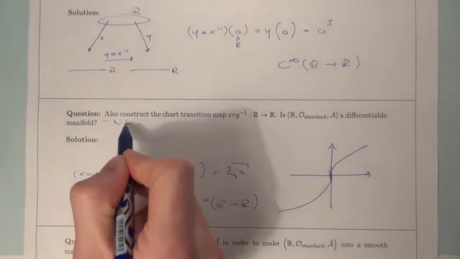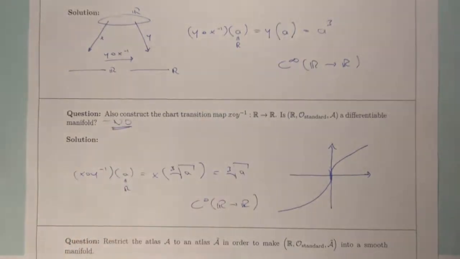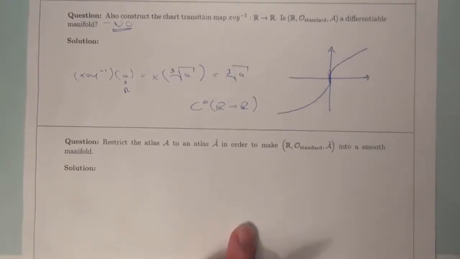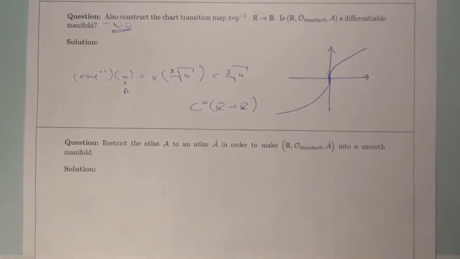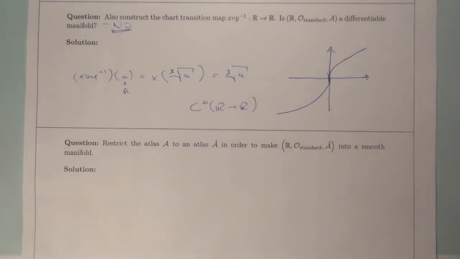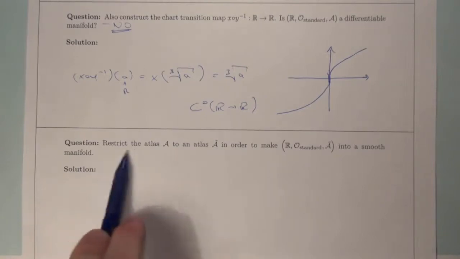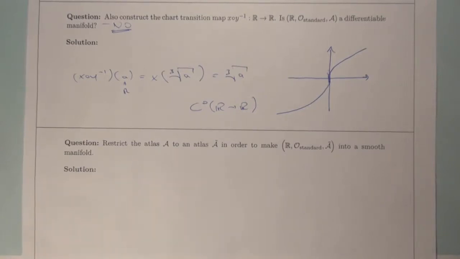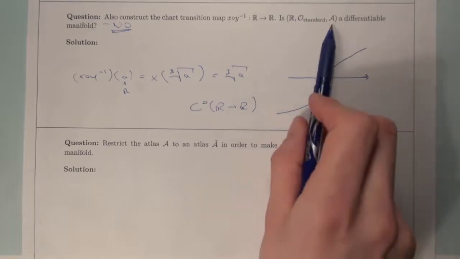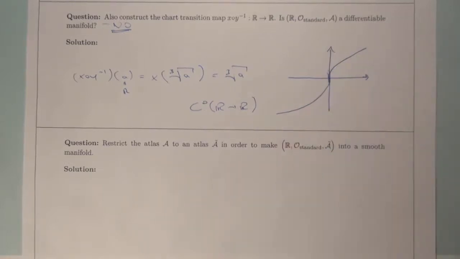So here, no. But, and this was mentioned in the lecture, by restricting an atlas of a topological manifold, which this was or is, we can make it into a differentiable manifold. So the question is, what do we have to do in order to make R with O standard and the atlas A into a smooth manifold?